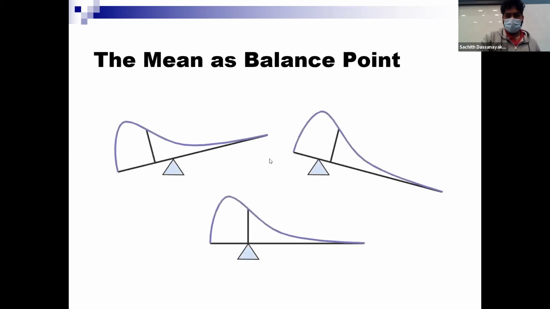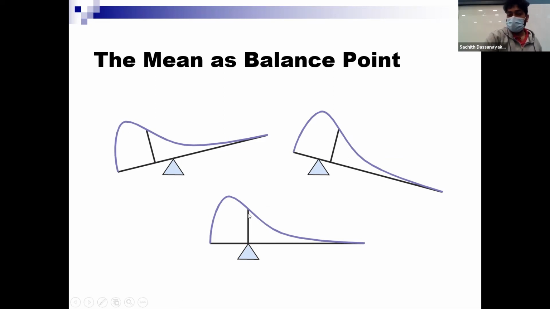Okay. So mean, as I mentioned, is a location parameter. That's the method we use to measure the balance of the data set. If you check this one, the mean is somewhere here. This vertical line is the mean of this data set.